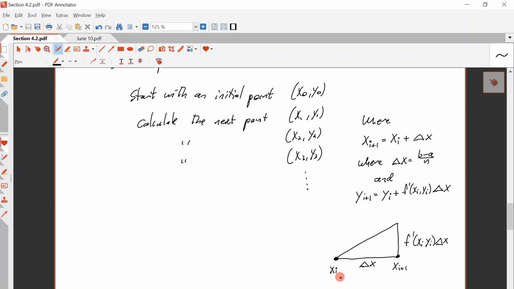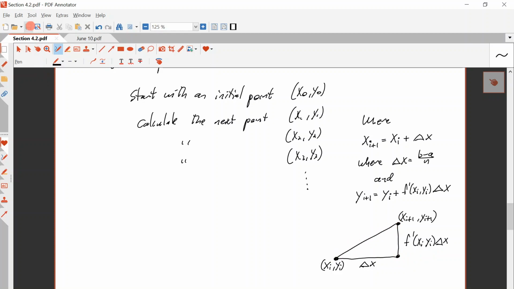So this is the point xi, yi, and this is the point up here, x(i+1), y(i+1), where the change in the x-coordinate is delta x, and the change in the y-coordinate is the slope of a solution times delta x, right? So you're moving along this line here.